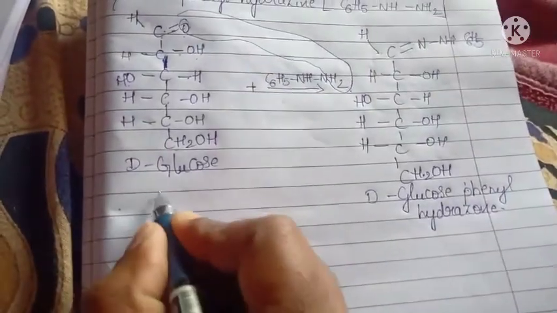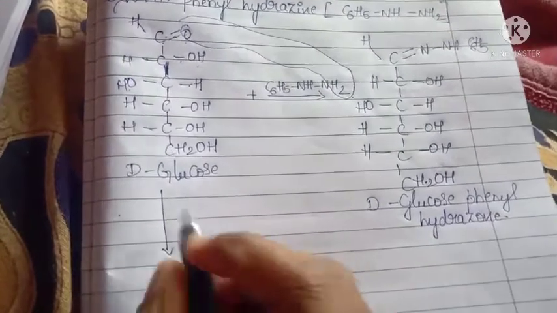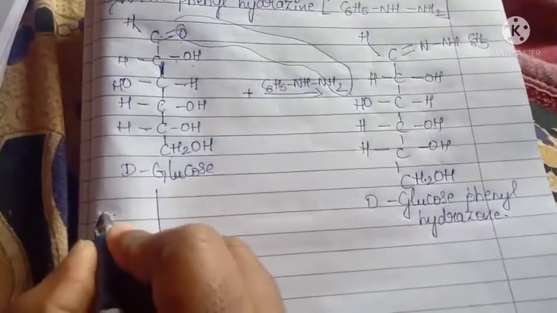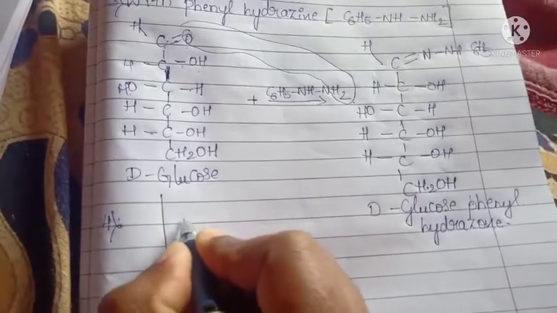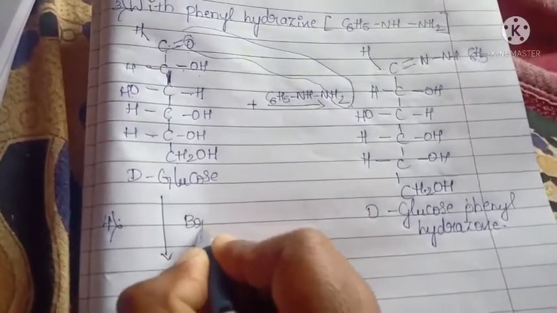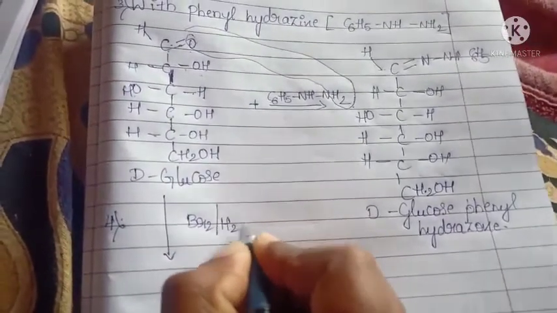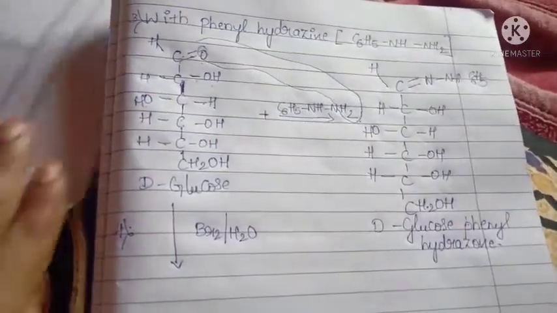Next, the fourth one, reaction with bromine water. Glucose reacts with bromine water.